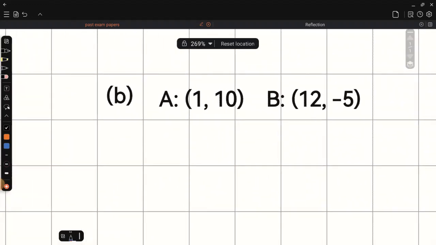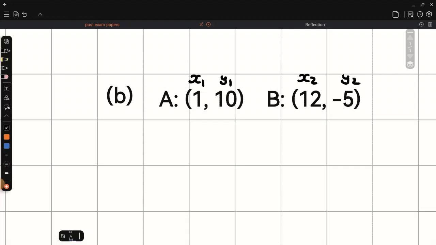Here we are asked to find the midpoint between (1, 10) and (12, negative 5). So first let's label the coordinates of point A with x1 and y1 and the coordinates of point B with x2 and y2. Now let's plug these values into the formula.